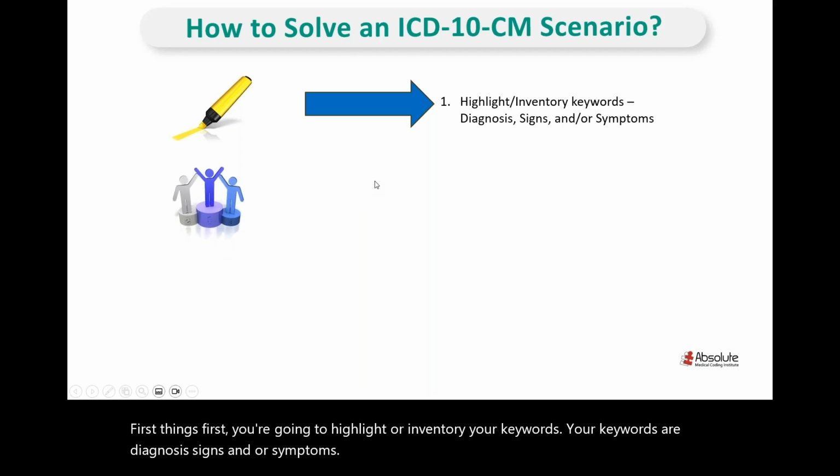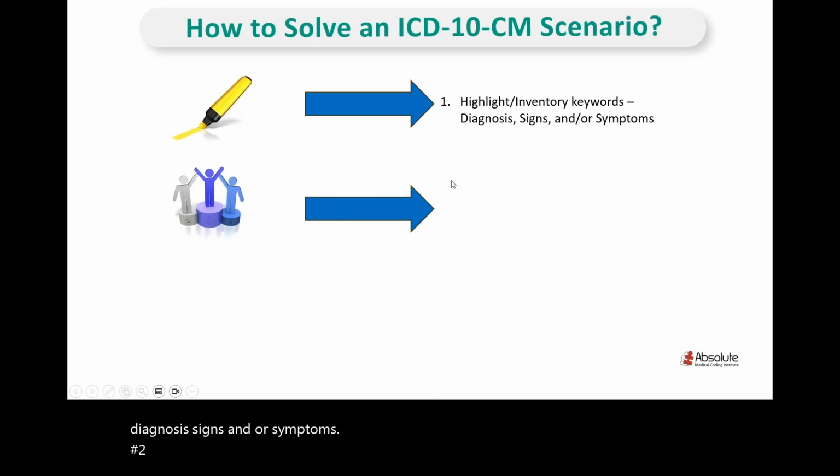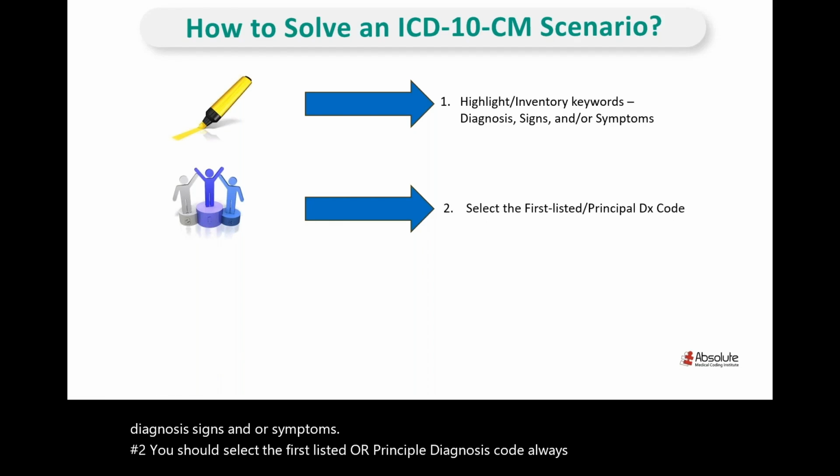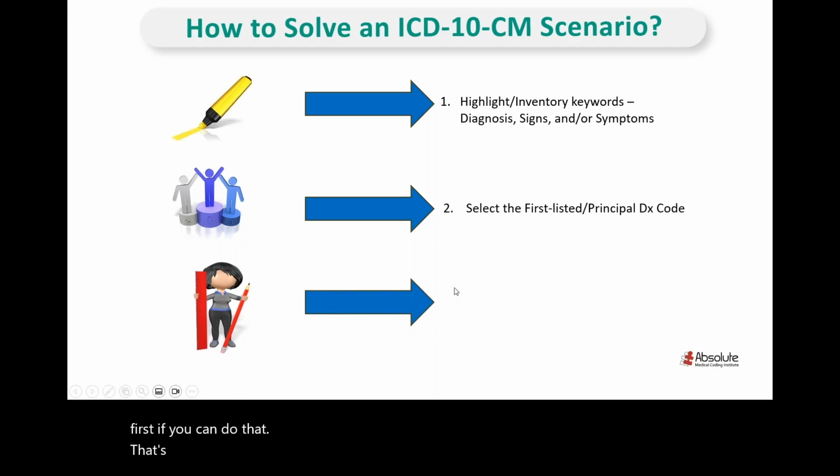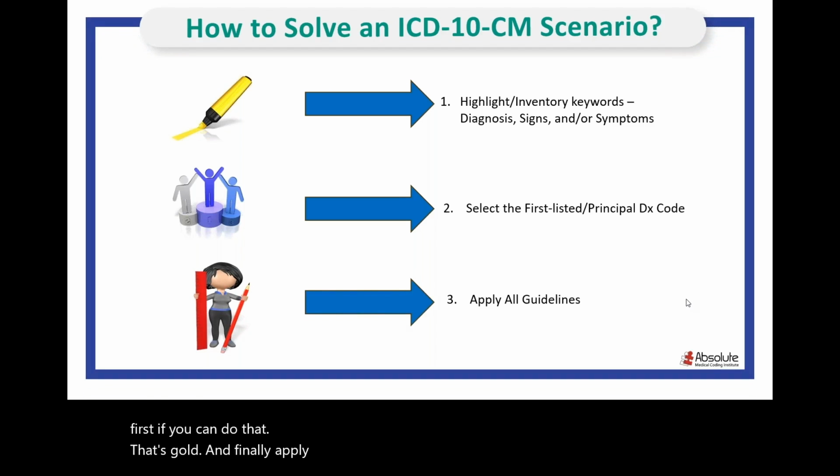Number two, you should select the first listed or principal diagnosis code. Always just know what goes first. If you can do that, that's gold. And finally, apply all guidelines. All right. So inventory, select your first, and apply your guidelines.